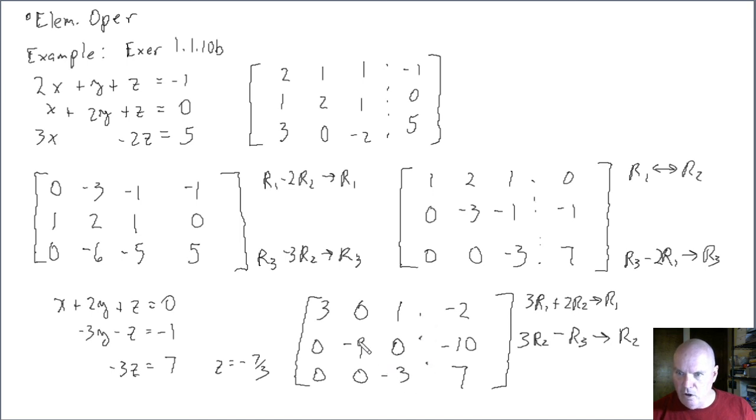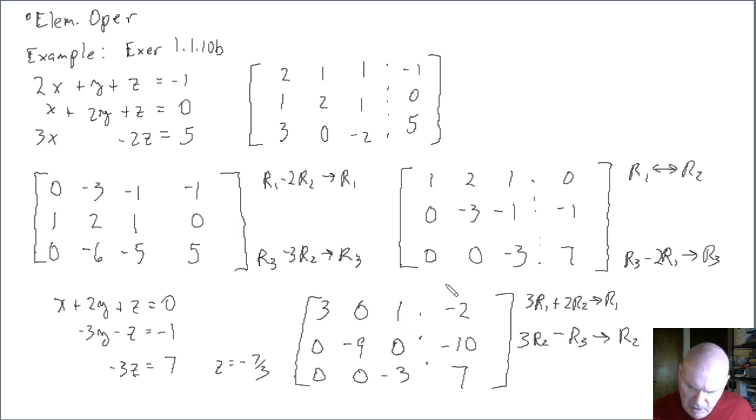Almost diagonal form. I need to get rid of the 1 that's right there. And I can do that by using row 3. If I multiply this row by 3 and add row 3 to it, that will eliminate that term.